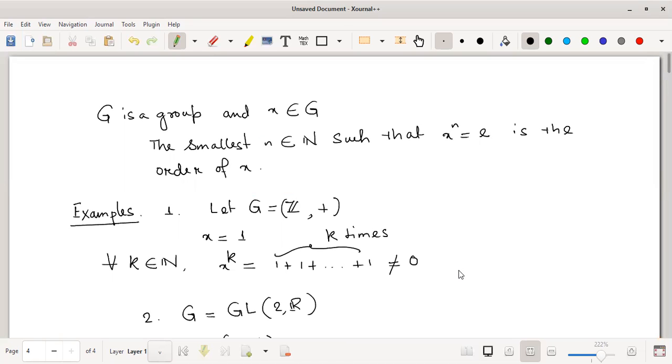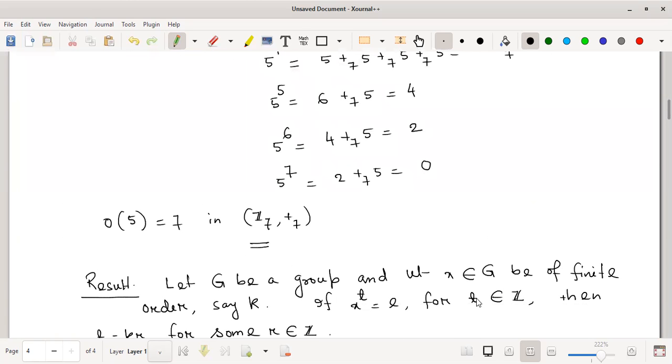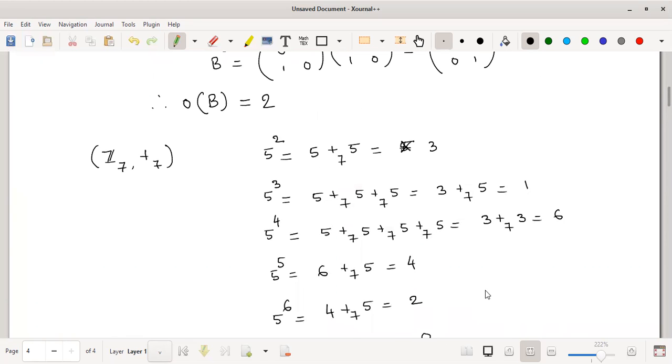We have also seen that order of an element need not always be finite. There need not exist any smallest natural number satisfying that. In that case, we say that order of the element is infinite. We have seen examples of elements of infinite order in many groups, and also elements of finite order. If the group is finite, automatically the order of every element will be finite. That we'll see. But we have seen an example, of course, Z7.